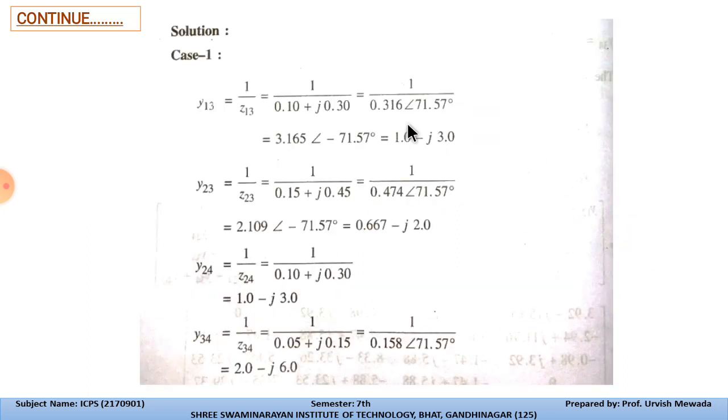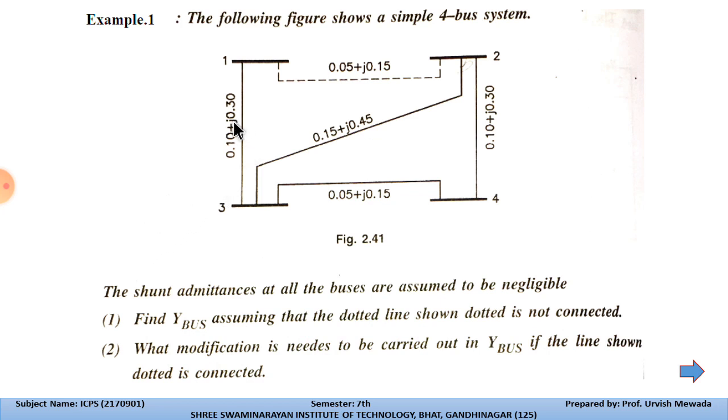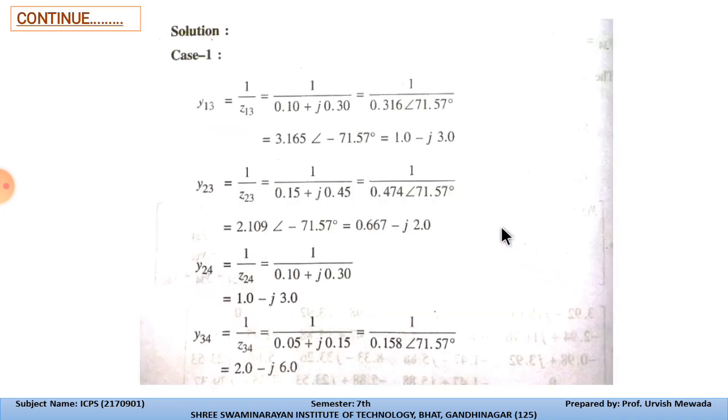So Y13 will be 1 upon Z13, because admittance is the reciprocal of the impedance. The impedance value given between 1 to 3 is 0.10 plus j0.30. So 1 upon this term will be Y13.